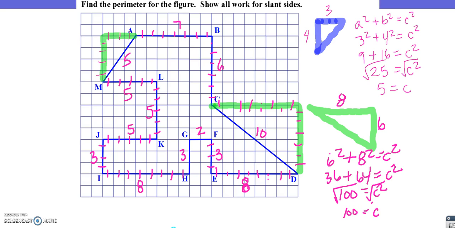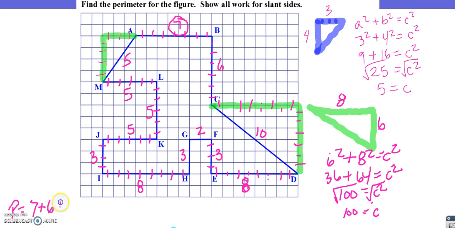Now that I have determined how long each side is, we can write a perimeter formula. Remember, the perimeter is just adding up all the sides. I'm going to start at the 7. I'm just going to circle that so I know where I started and I don't repeat any numbers. And I'm going to move clockwise.